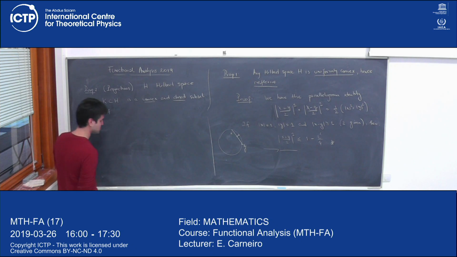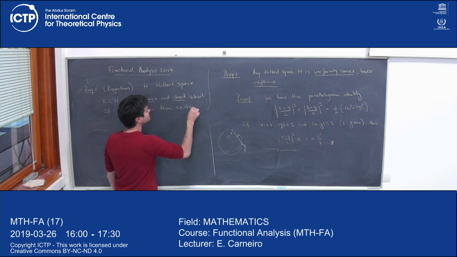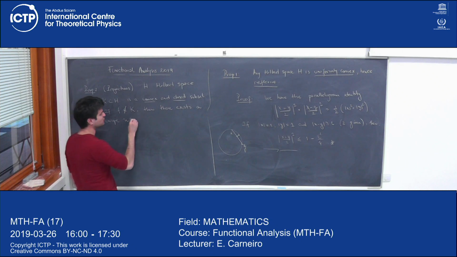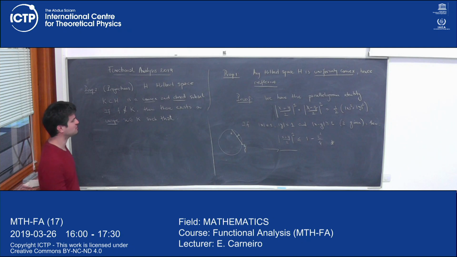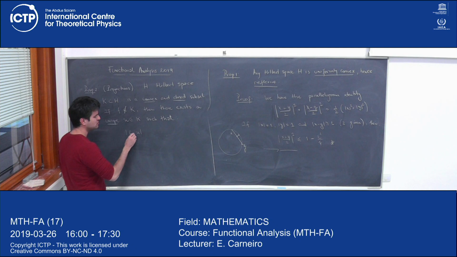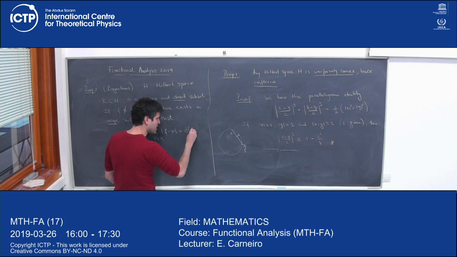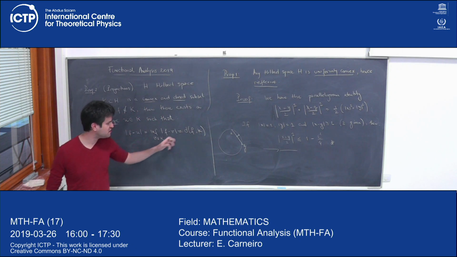Let's say f is a point that does not belong to K. Then there exists a unique u such that the distance, the norm of f minus u, is the infimum, or the minimum, of the norm of f minus v for v belonging to K. And this is actually what we call the distance from f to the set K. Whenever I write the distance from a point f to a set K, it is the infimum of the distances.